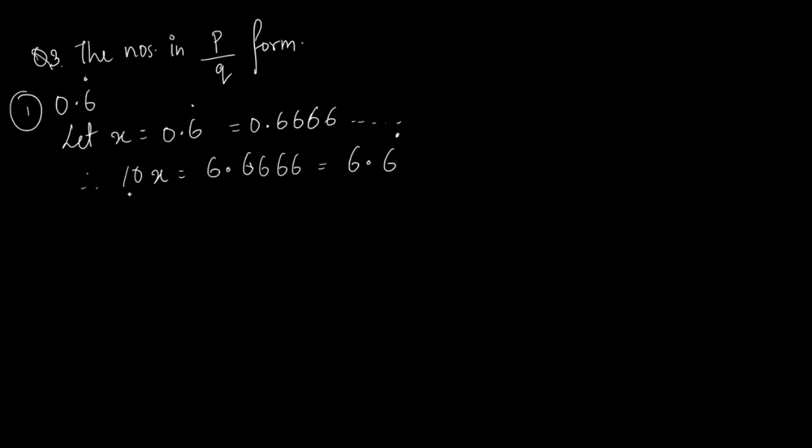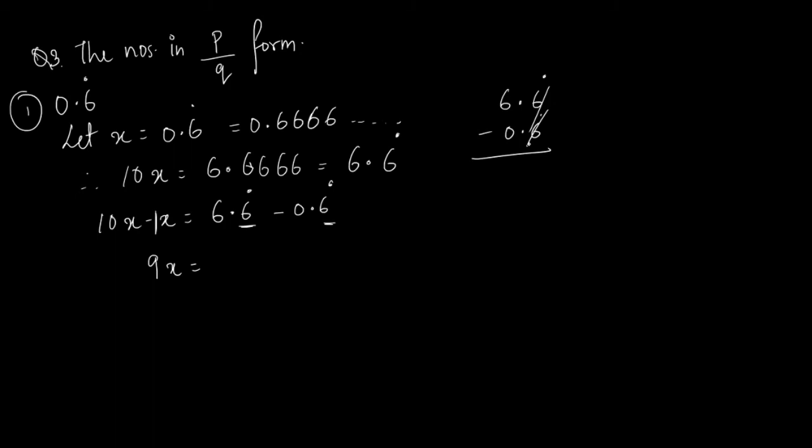Now I'm going to subtract x from this. So if I subtract, then I have 10x minus x is equal to 6.6 recurring minus 0.6 recurring. So now 10x minus x, you need to assume 1 over here, it's there. So this is 9x, which is equal to, always you need to understand, 0.66 is going to get cancelled over here. I'll just show it to you for this sum, minus 0.6.